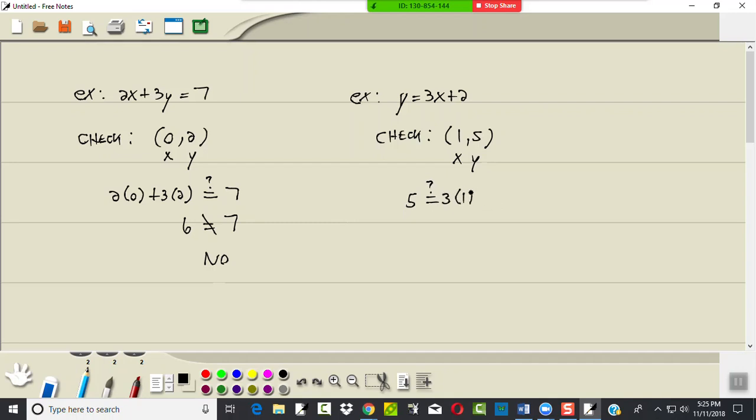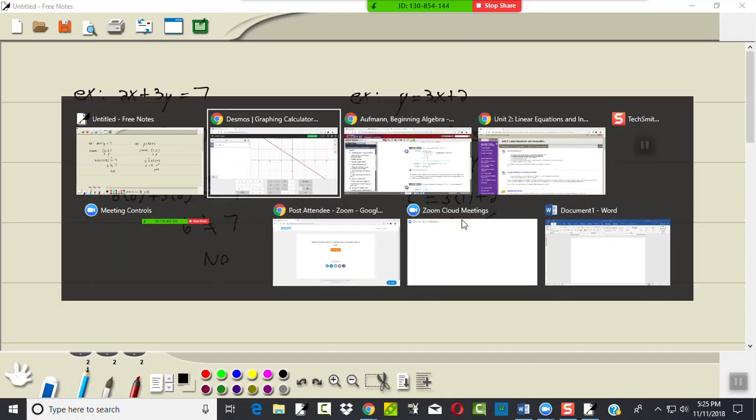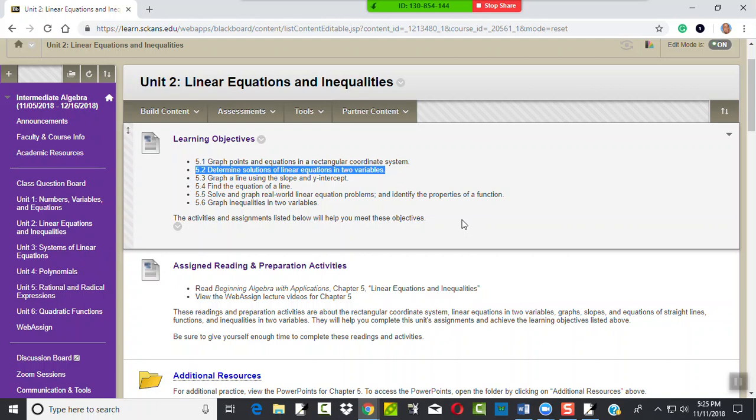And then 3 times 1 plus 2. 3 times 1 is 3, plus 2 gives us 5. And I get 5 is equal to 5, so that checks. So the answer there would be yes. Now that's determining if a given solution is one of your answers.